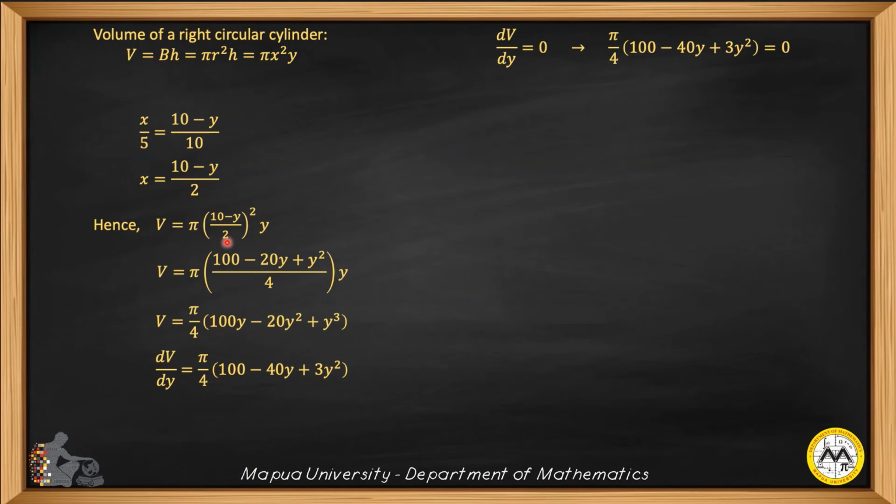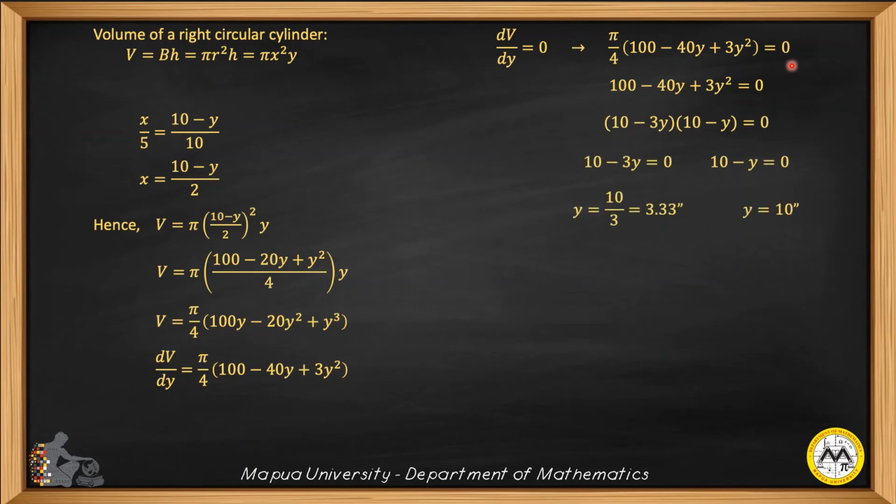Okay, your next step would be to equate the first derivative of v with respect to y to 0. So this expression is equated to 0, and solving now for the values of y that will satisfy this equation, we come up with y equal to 10 over 3 and y equal to 10 inches.